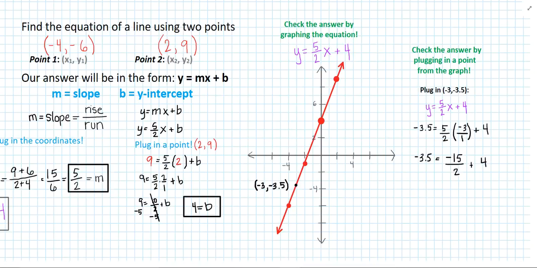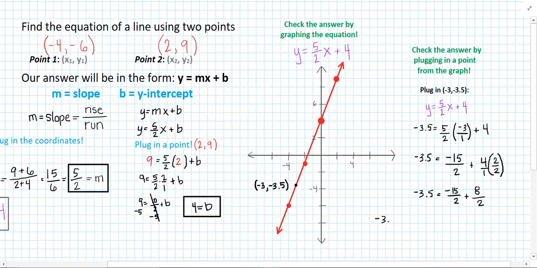In order to add this fraction and whole number, we're going to need a common denominator. So we're going to multiply the 4 by 2/2. That way we'll have denominator of 2 on both of these. And we're going to carry everything down. -15/2. And then our 4, and again we can add a denominator of 1 if we like. So 4 times 2 on the top, and then 2 times 1 on the bottom. Now these can be added.